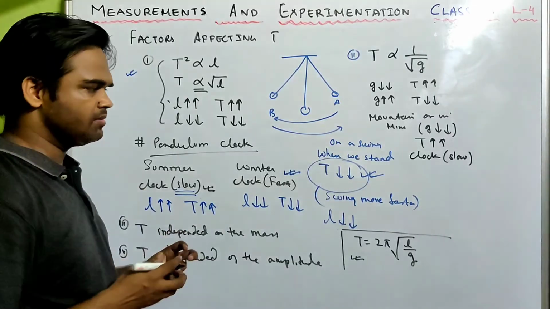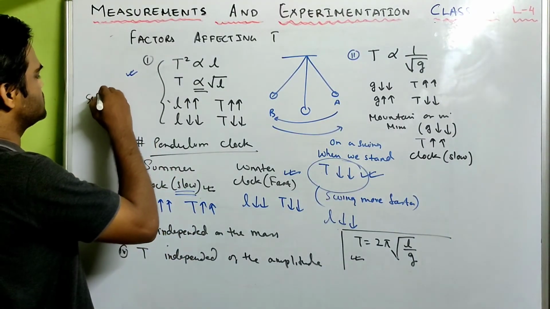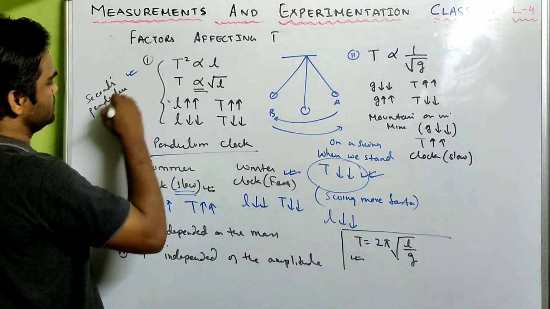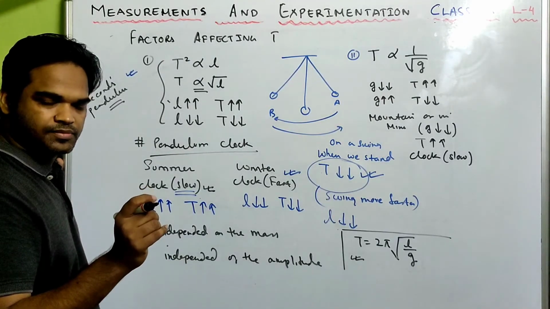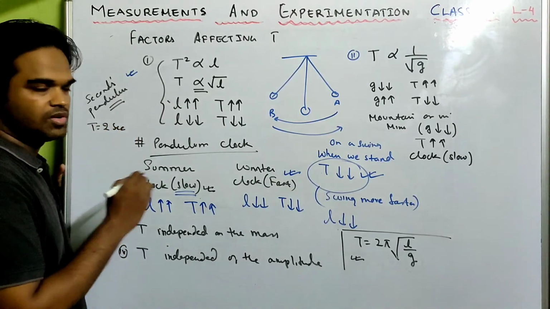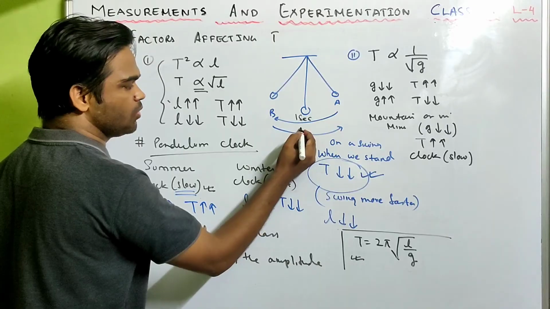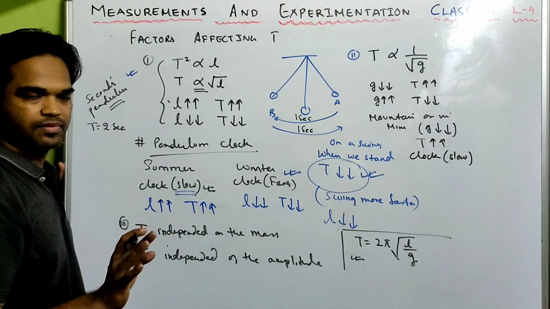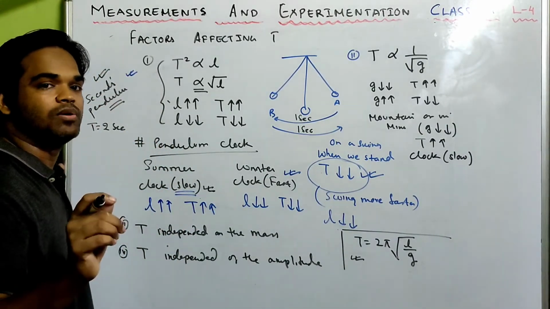And one more thing, the last thing, a seconds pendulum. As the name suggests, it is a pendulum whose time period is 2 seconds, which means from A to B it takes 1 second, and from B to A it takes another 1 second. That type of pendulum is known as a seconds pendulum.